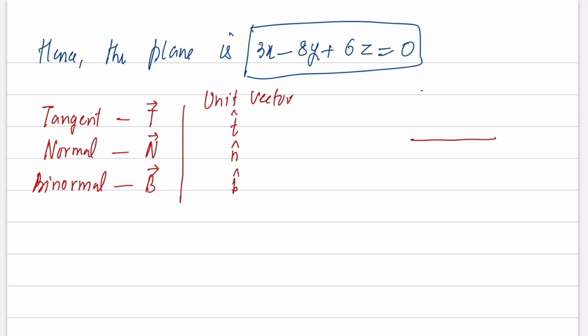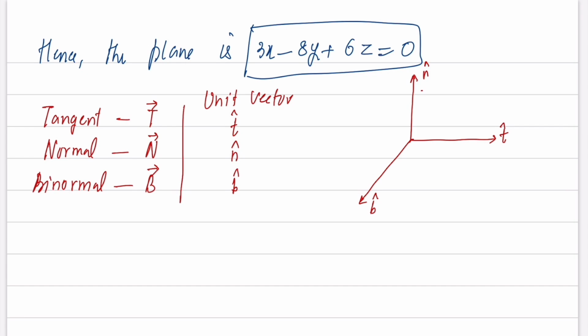Assuming this is our tangent, we can call it the unit tangent. It has a vector normal to it, which we can call n, taking this in the direction of the y-axis. And then we have the binormal, which is perpendicular to both of them. Let's draw it like here, and this is our b. So these three vectors behave like the three coordinate axes x, y, and z.